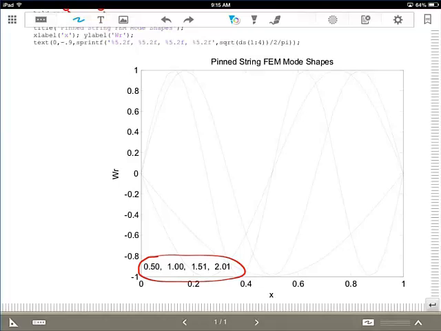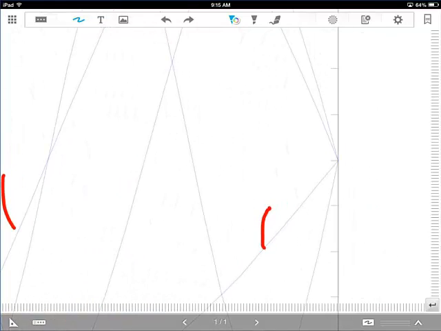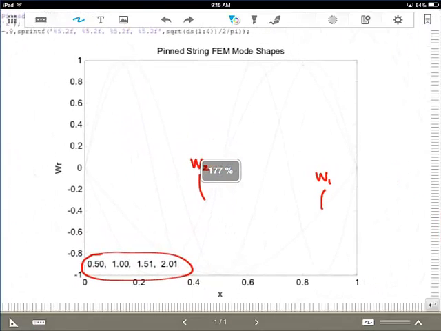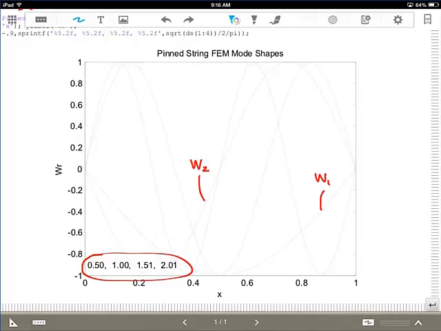The first one is this one here, just one kind of loop, and then you have the second one. So this would be like W1, this would be like W2, and that kind of thing. Okay, so it certainly looks like reasonable mode shapes for a string.